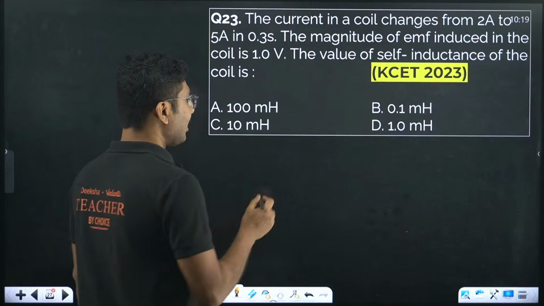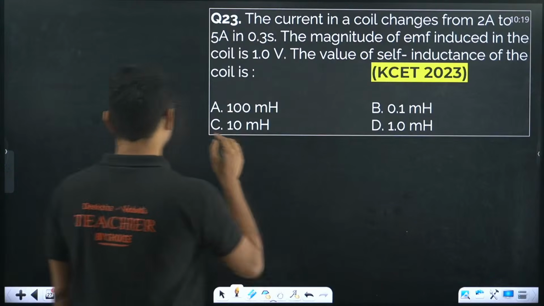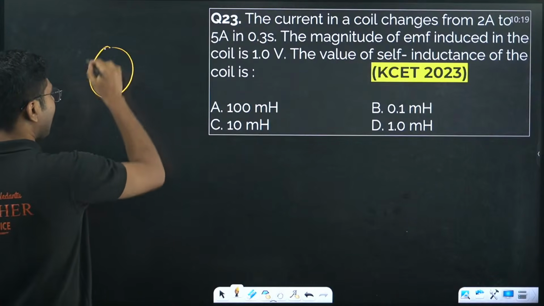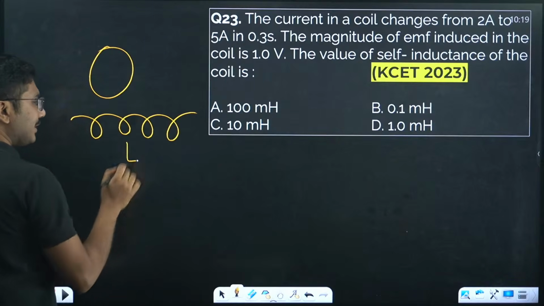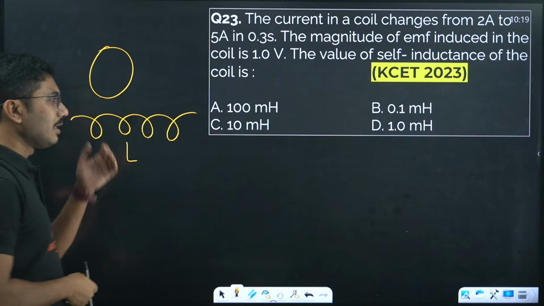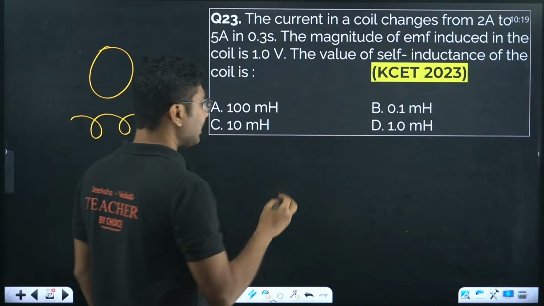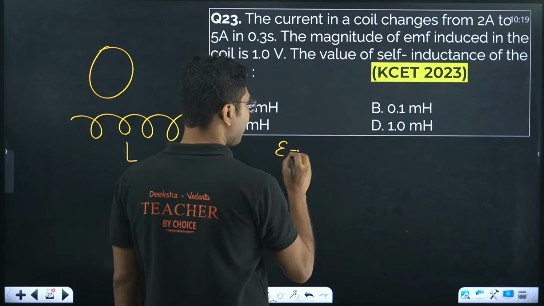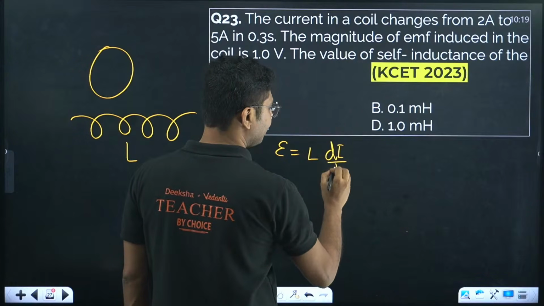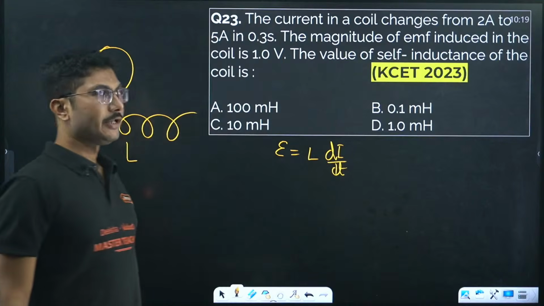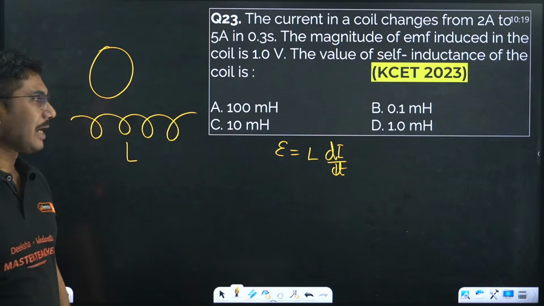We know that induced EMF in a coil, coil means a loop, this one we use in the AC chapter, right? Inductor. So we know that in an inductor, induced EMF is given by L into di by dt.